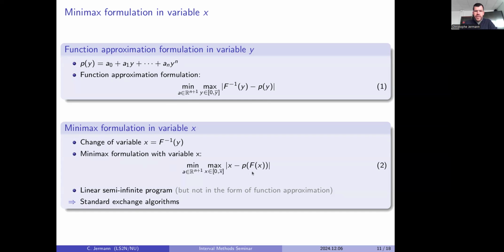And in this case, there is no more evaluation of the inverse of capital F in the problem. We just need f and the domain for x, of course. So this gives birth to a linear semi-infinite program, but it is not exactly in the form of function approximation, and then standard function approximation methods cannot be directly applied, but instead some standard exchange algorithms may be applied.